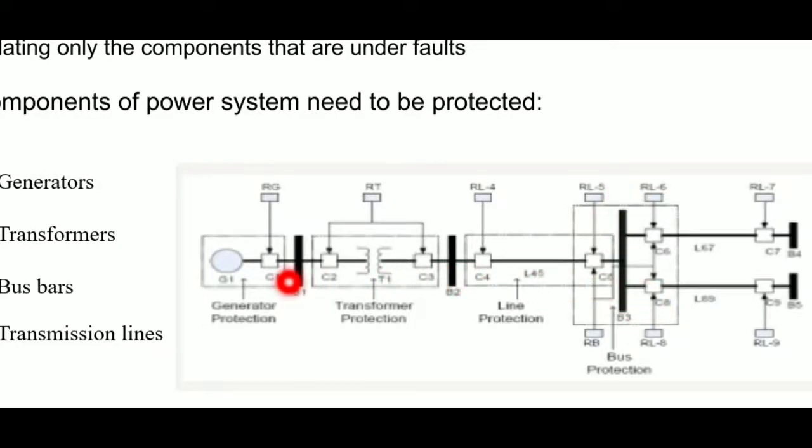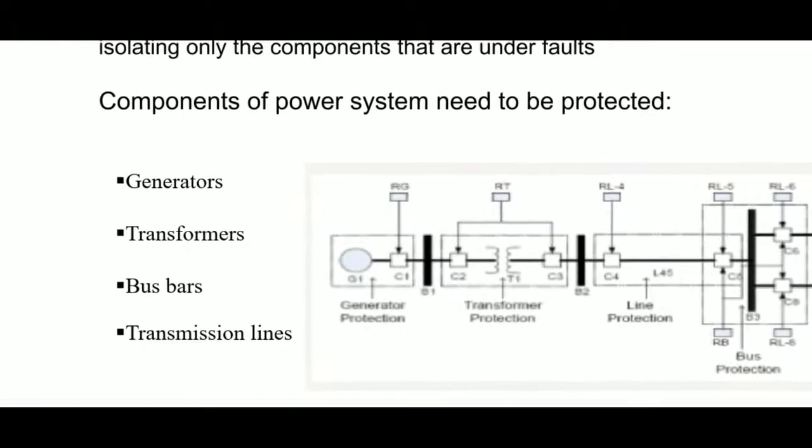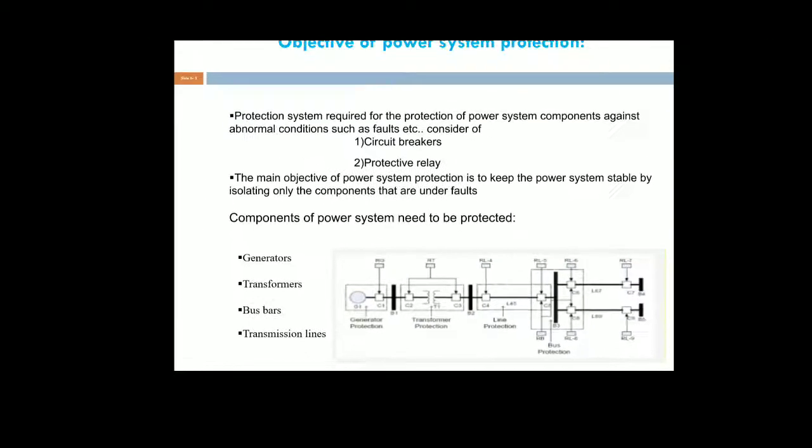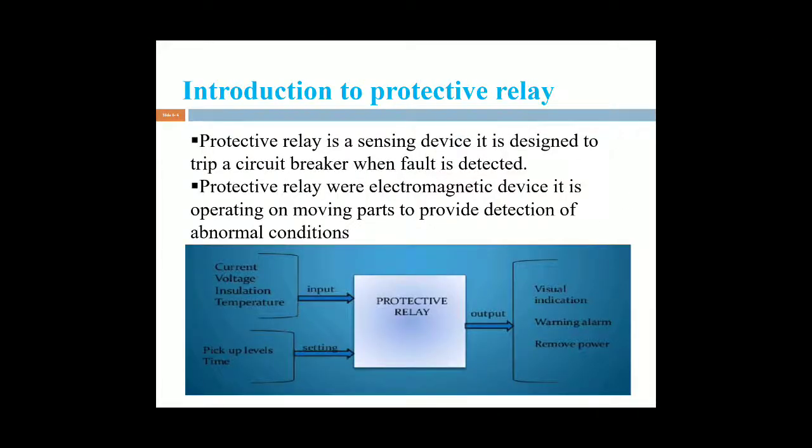Mainly four types of equipments are there in the power system: the generator, transformers, bus bars and the transmission lines. We compulsorily give separate protection for each and every equipment, which is given by the circuit breakers.